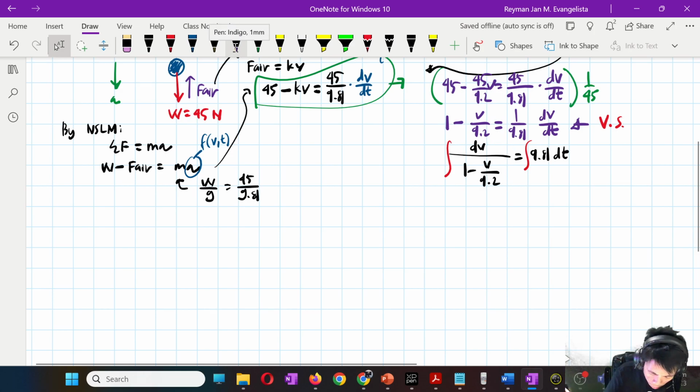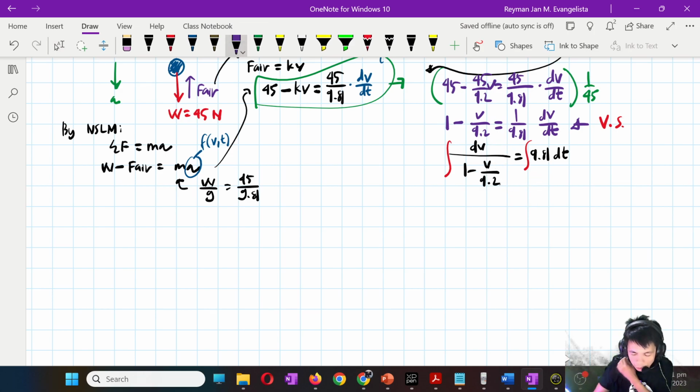Take note that the left side gives us an expression in terms of natural log. Remember the derivative of ln u is du over u. So you just have to check if the derivative of this denominator is in the numerator.